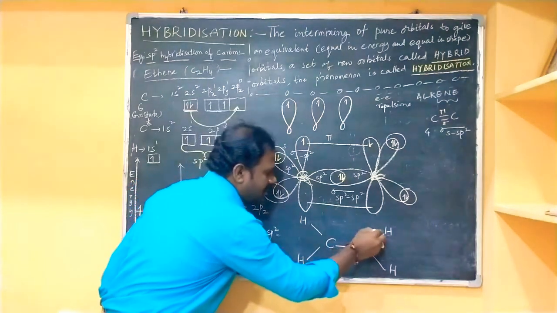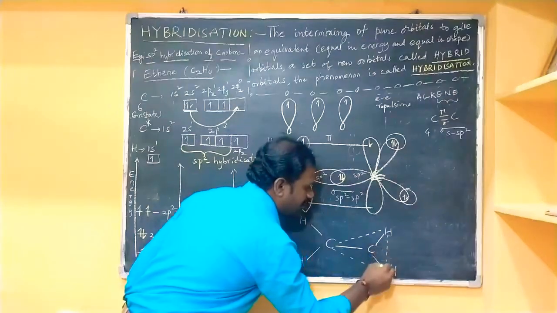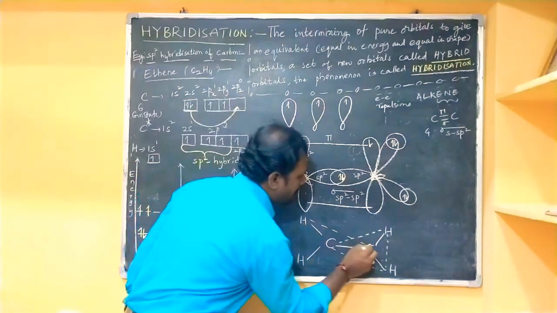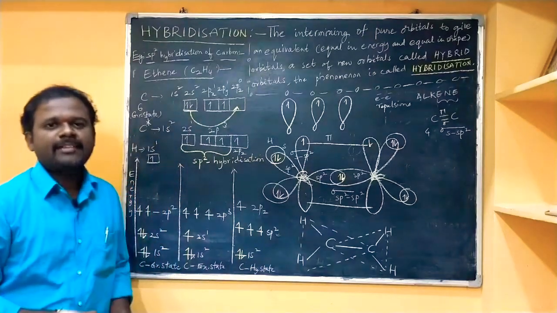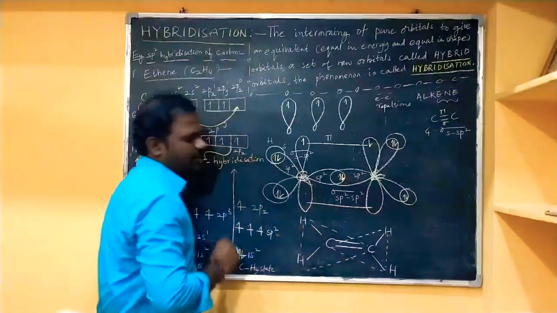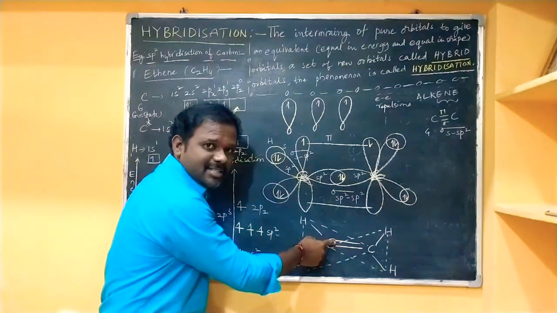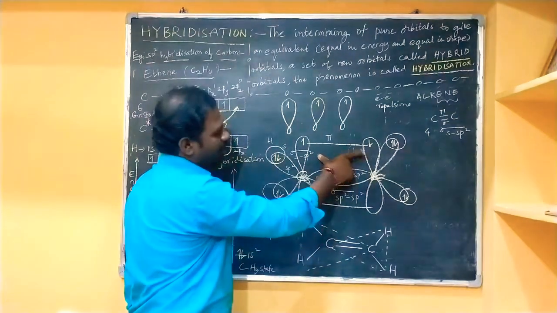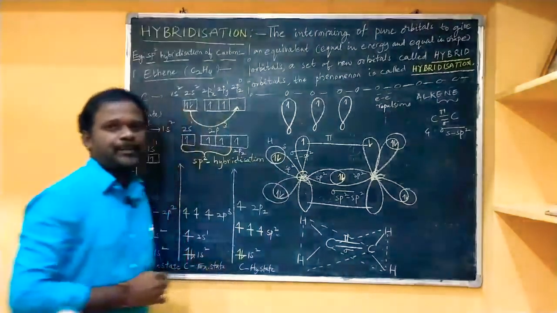So it is represented as an equilateral triangle. And there is a formation of a pi bond by the side to side overlapping of the p orbitals, and there is a sigma bond.